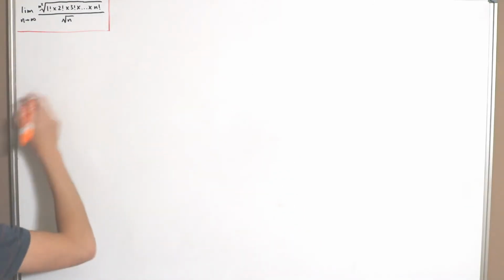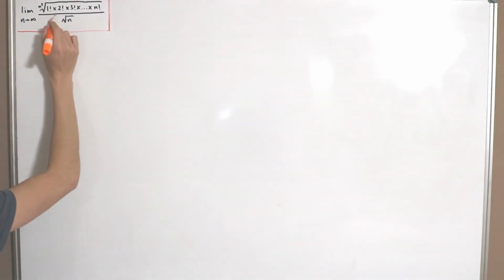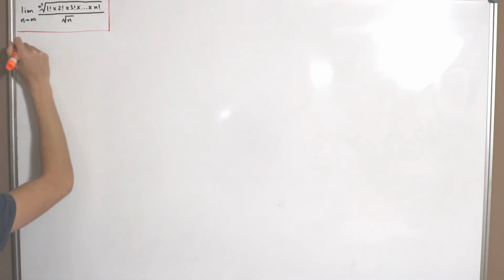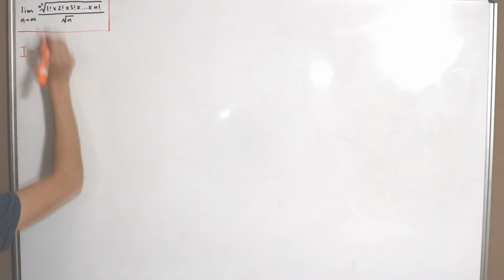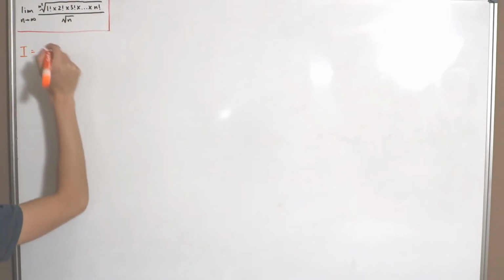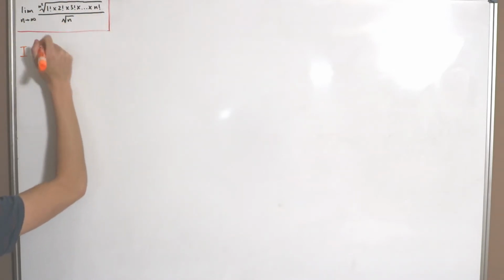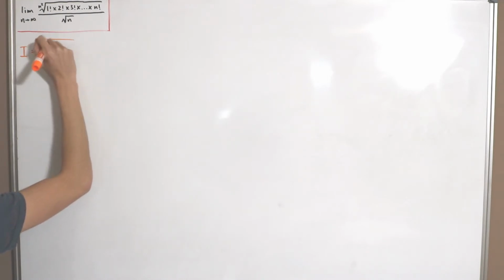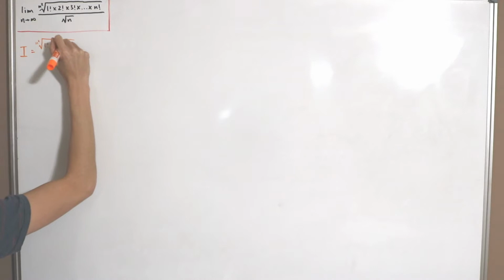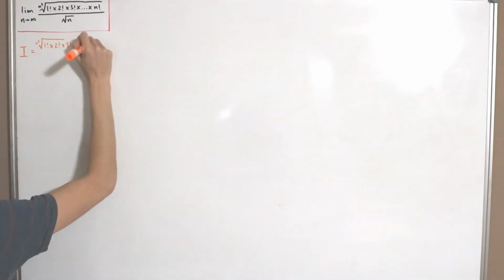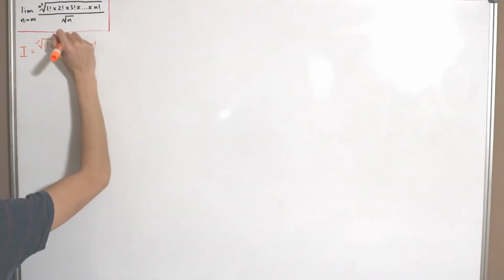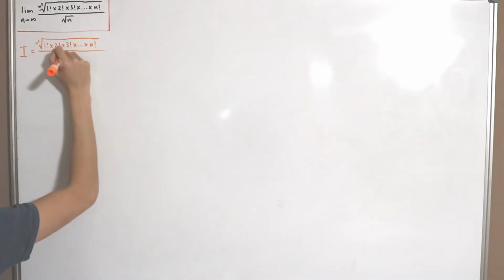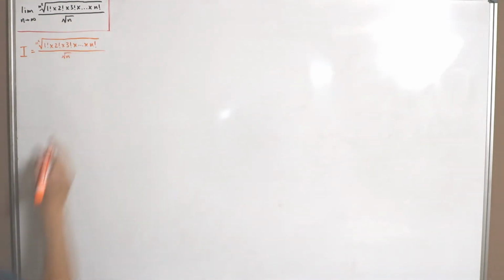Let me define our function in terms of n as I. I'm not going to write the limit to the side, so I'll just define I, which is equal to the limit here, excluding the limit. So the n squared root of 1 factorial times 2 factorial times 3 factorial, all the way up to n factorial, divided by the square root of n.